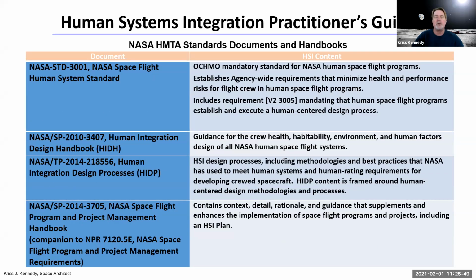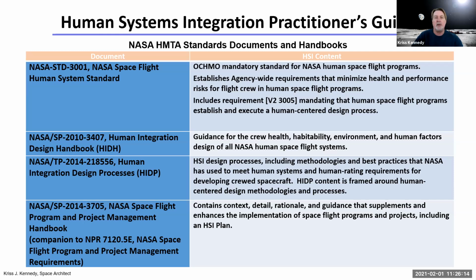Also, there are additional documents and standards and handbooks. There's the NASA Standard 3001, NASA Spaceflight Human System Standard, Volume 1 and Volume 2. Volume 2 really talks about the aspect of human-centered design and habitability. There's also the Human Integration Design Handbook, HIDH.